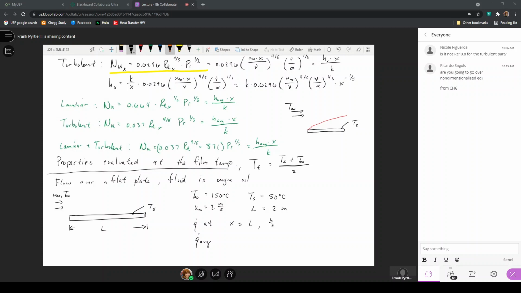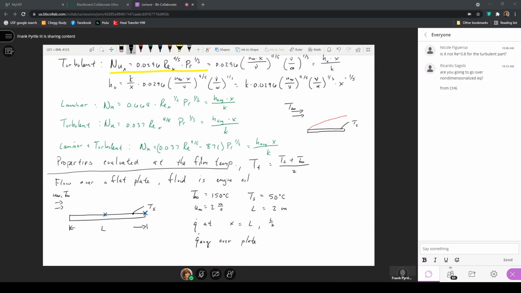So here at x equals L, this would be, well, what is the heat flux at this trailing edge? And what is the heat flux at L over 2? So just at the midpoint as we move from x equals 0 to x equals L, and the average heat flux, and actually I'll make this very specific, over the plate here.